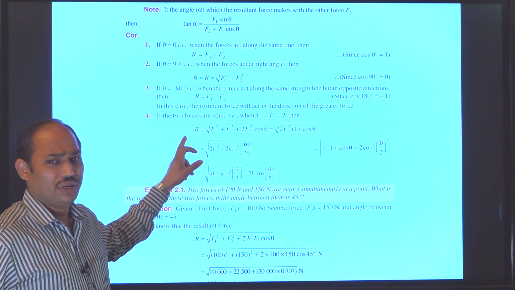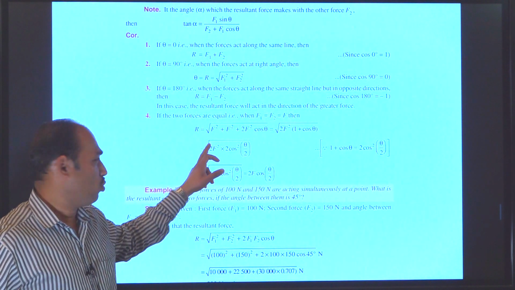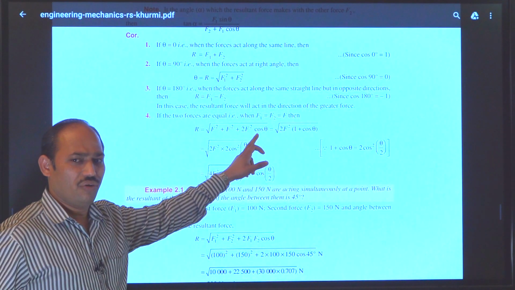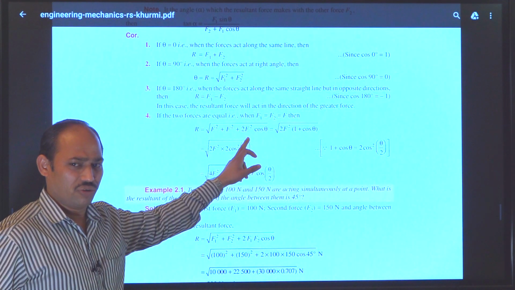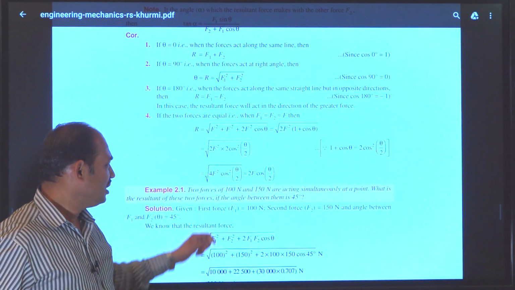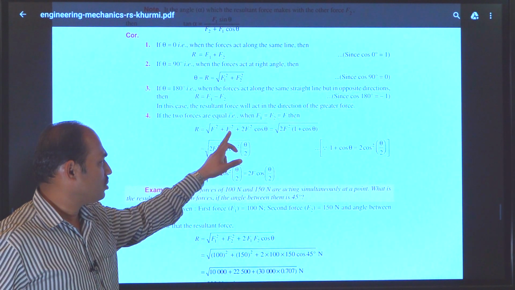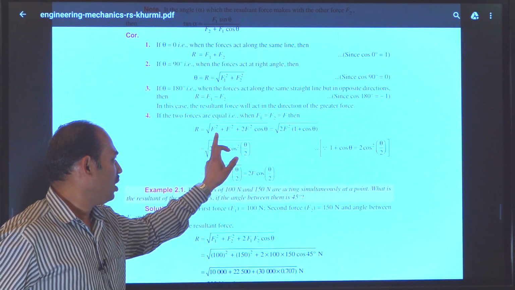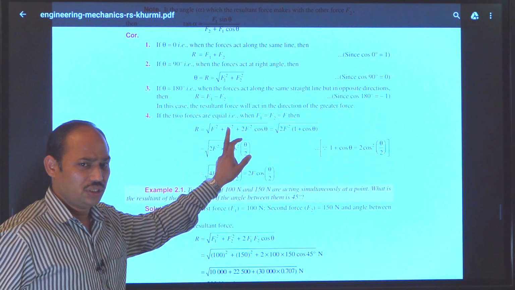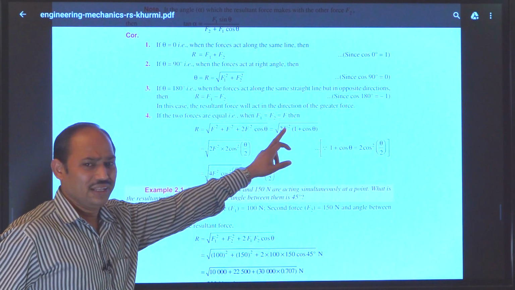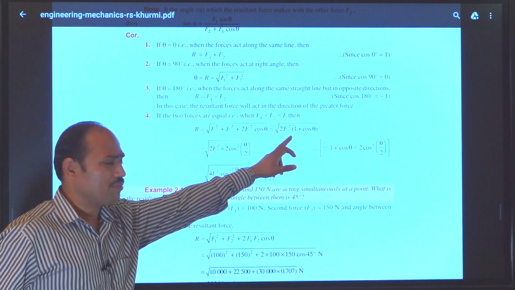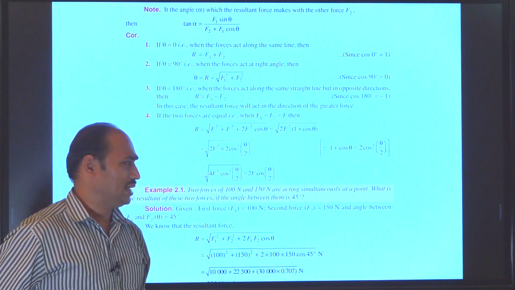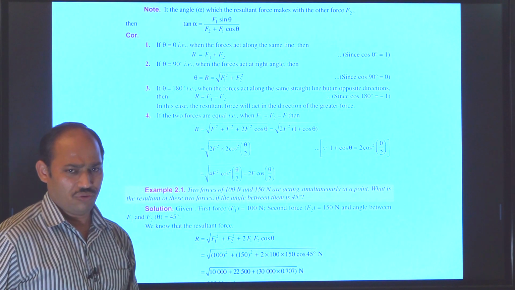the magnitude of the resultant force R is equal to the square root of F square plus F square plus 2 F square cos theta. That is 2 F square plus 2 F square cos theta. 2 F square is common, so the remaining is 1 plus cos theta. 1 plus cos theta is also written as 2 cos square theta by 2.